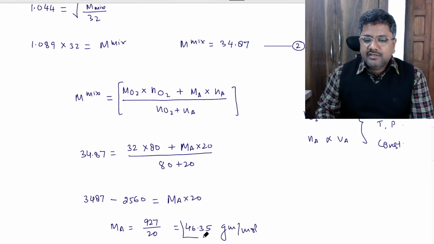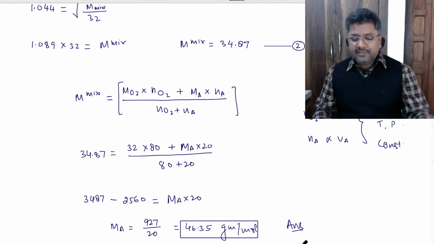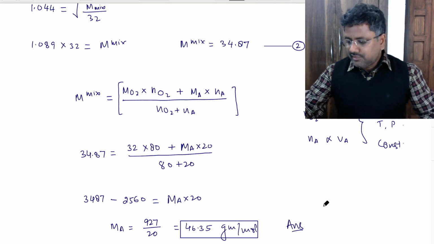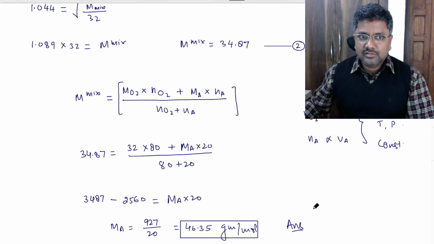So in this way you can calculate the molar mass of any gas by using Graham's law of effusion. Okay, good.